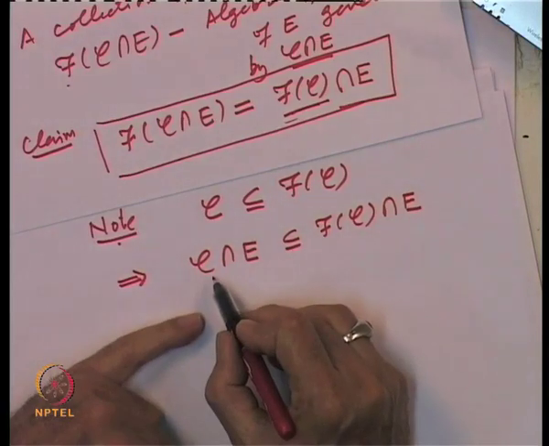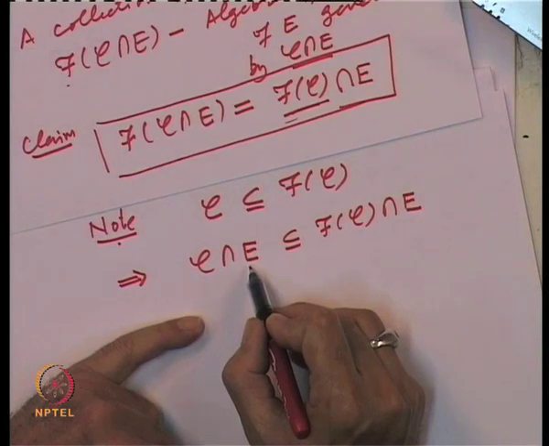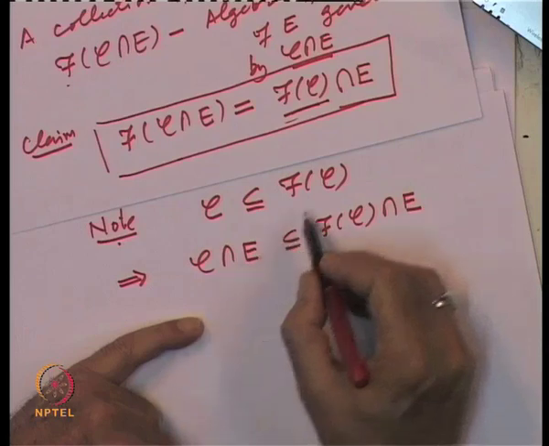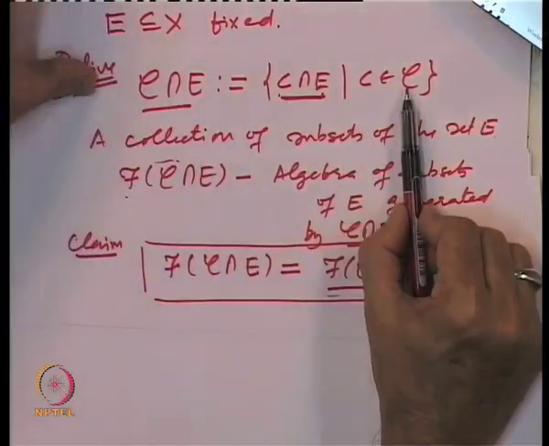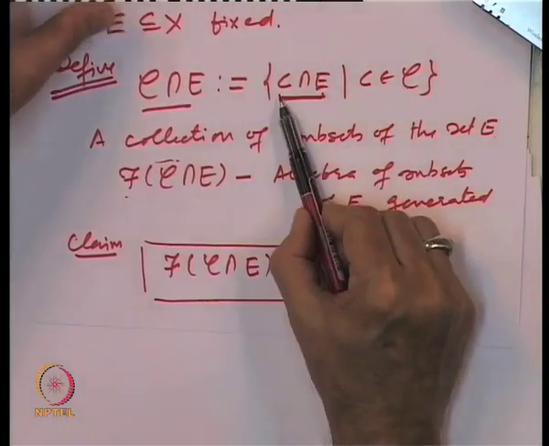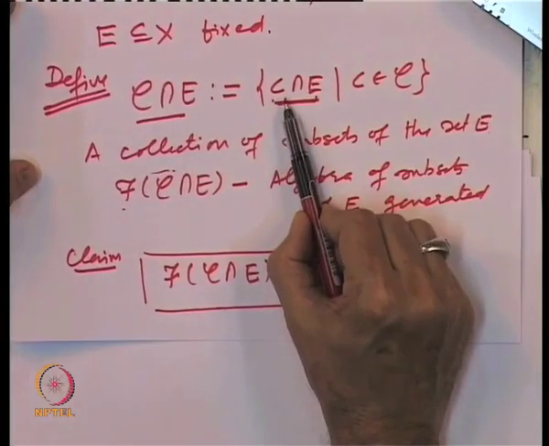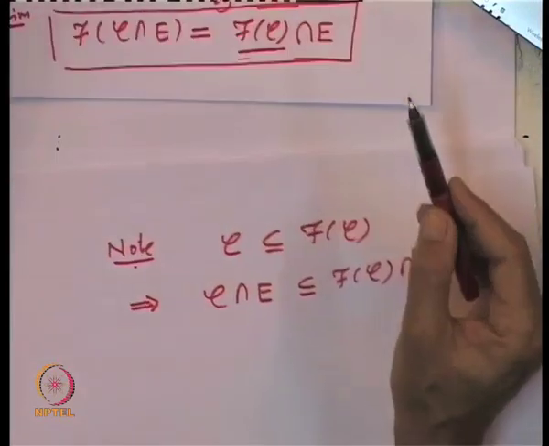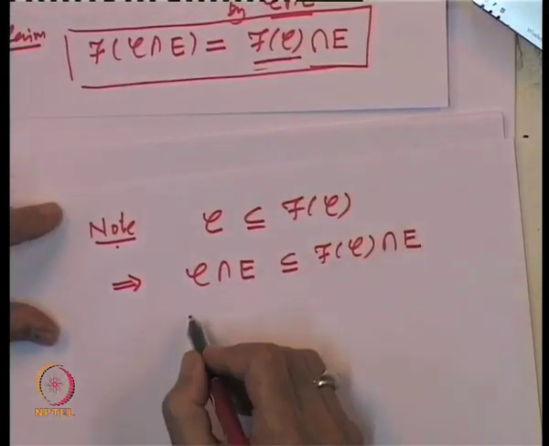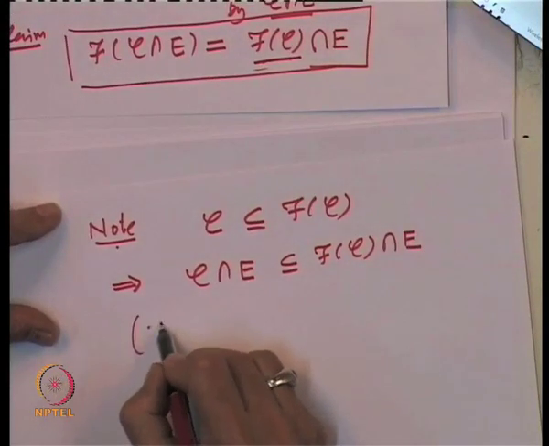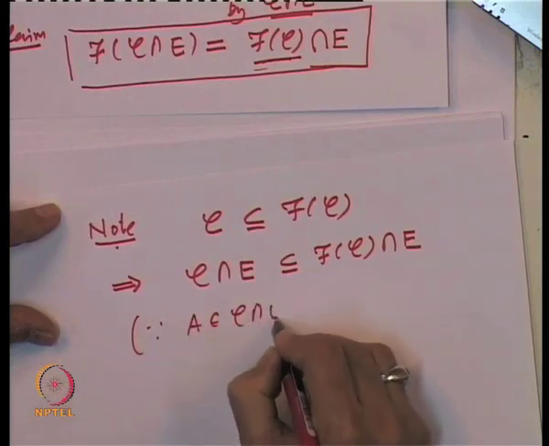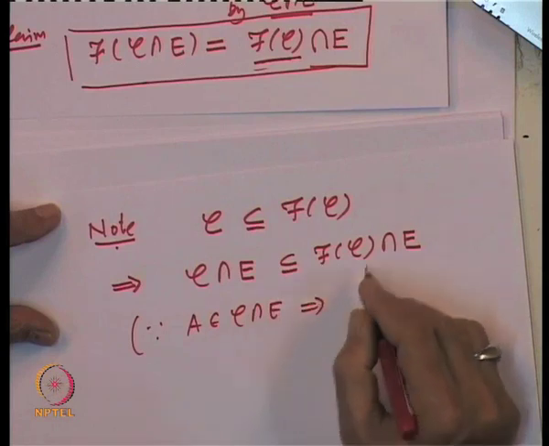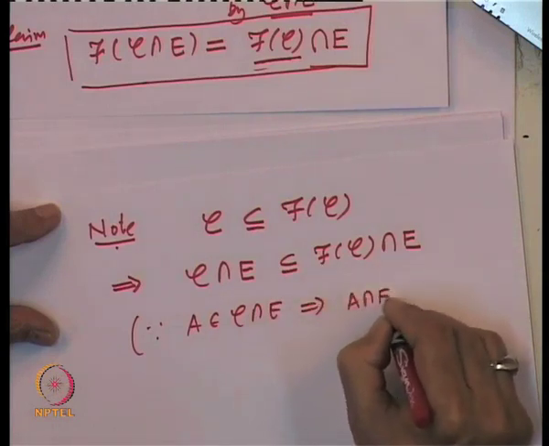So, if I take a set in C intersection E, that is going to look like C intersection E, and C belongs to F of C. So, that is also an element in F of C intersection E.